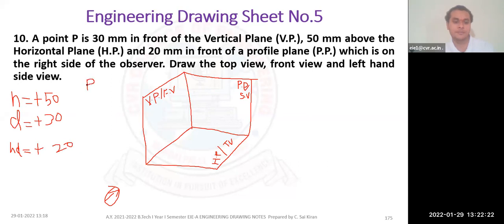This P will be projected with respect to H, which is the front view. How will it project, as P dash or P double dash?